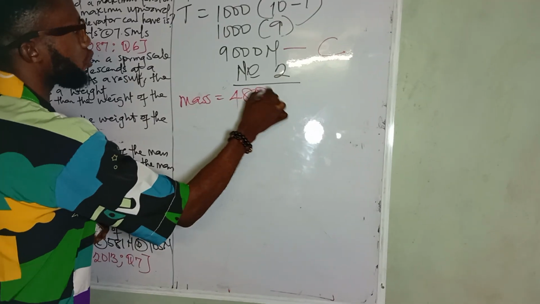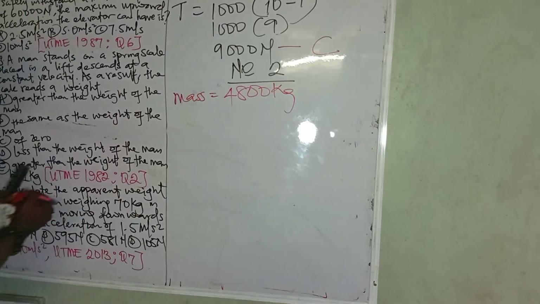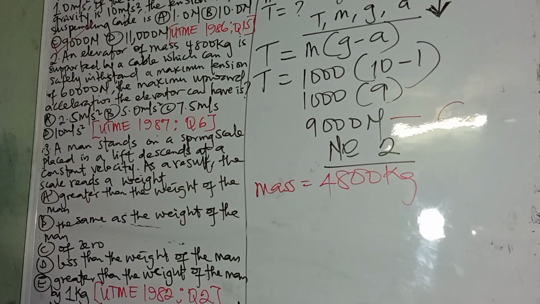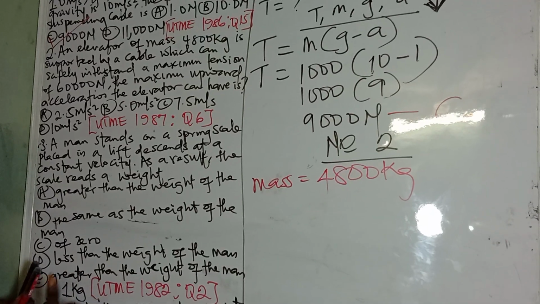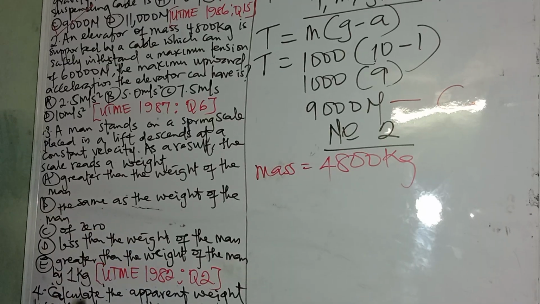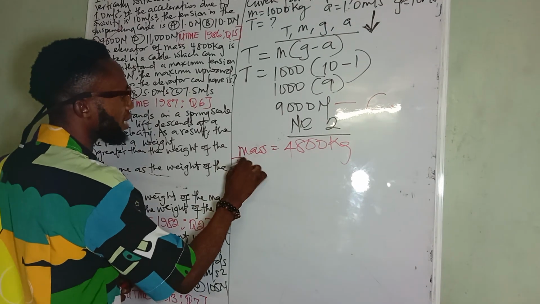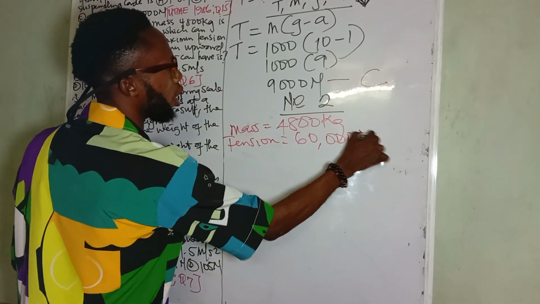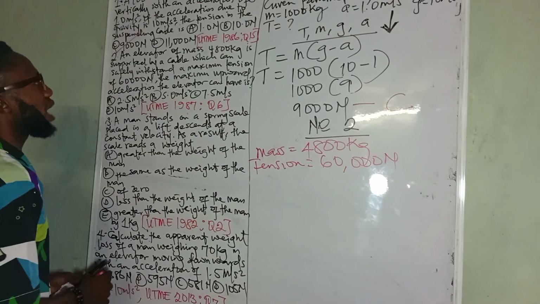Our mass is 4,800 kilogram, is supported by a cable which can safely withstand a maximum tension of 60,000 Newton. At tension T, 60,000 Newton.